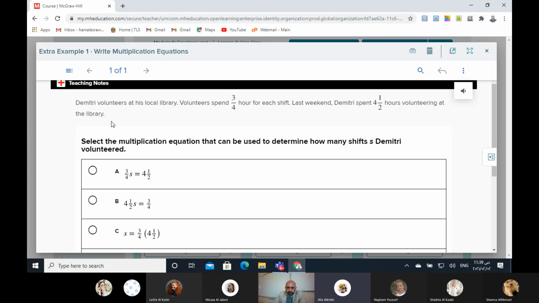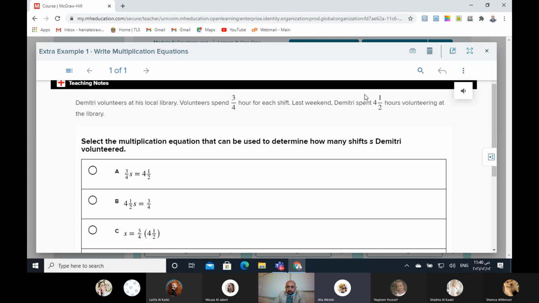Demetri volunteers at his local library. Volunteers spend 3/4 hours for each shift. Last weekend, Demetri spent 4 and 1/2 hours volunteering at the library.